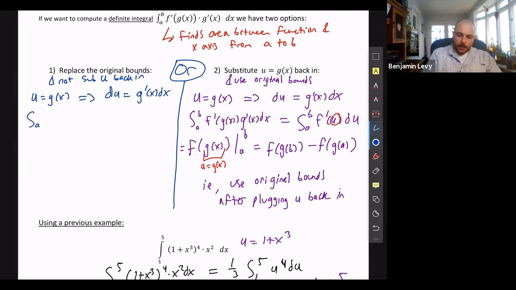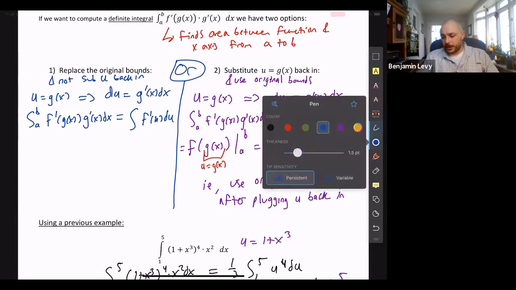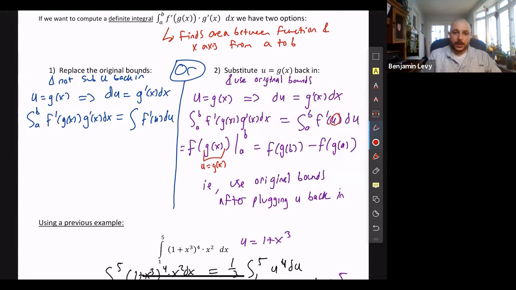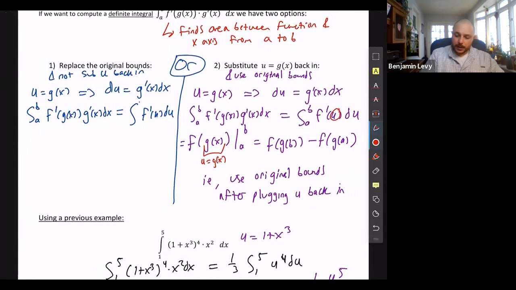Our original function, which again is the chain rule, then becomes the simple integral of f prime of u, of course, but the bounds are going to change. I'm going to write that in red now. The new bounds are going to be, if I can get my pen working, there we go, g of b and g of a.